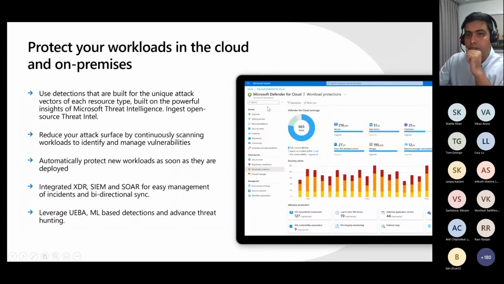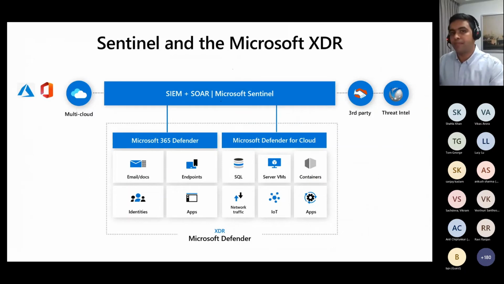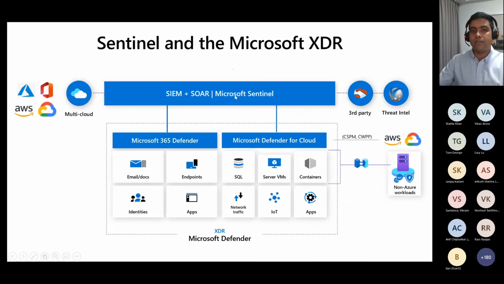So we address it in two layers, right? So one is what we just discussed, the Defender for Cloud, because the Defender for Cloud can provide you workload protection across the cloud platforms and then give you the security visibility there. At the same time, you need a full-fledged SIEM as well, right? So that's where your SOC teams basically operate and they do the triaging. So for that, we have Microsoft Sentinel.